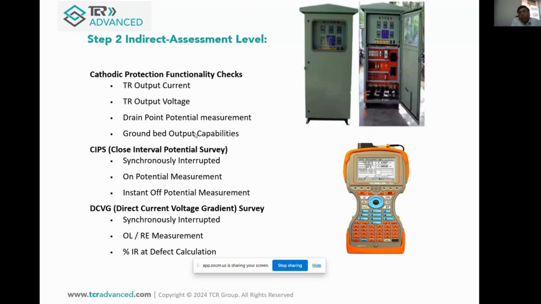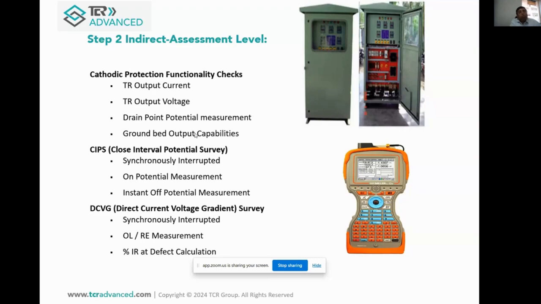Basically, for any pipeline asset integrity management program, indirect assessment is very much important, since, as I told, cathodic protection is only applicable when a pipeline is buried or in a submerged condition. So you cannot see your pipeline with your naked eye. Now imagine a pipeline is buried 2 meters below the ground level.